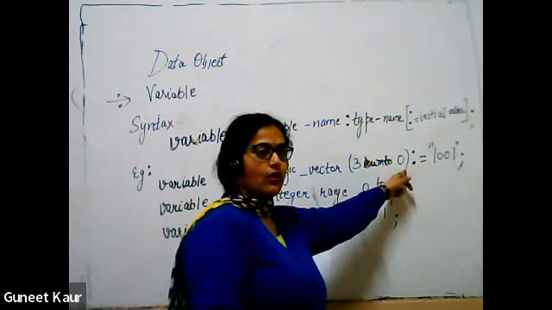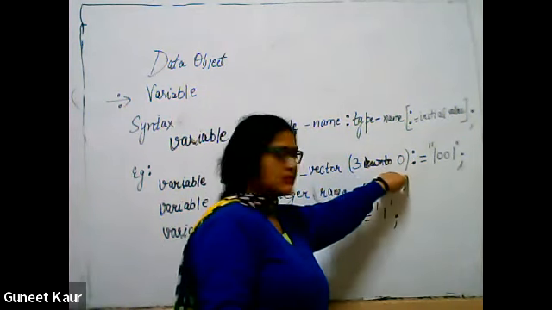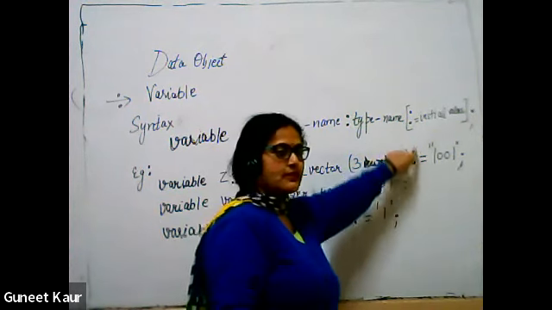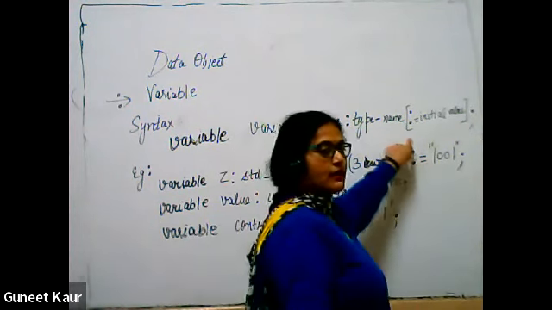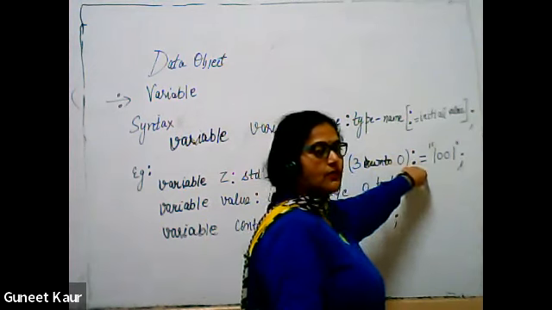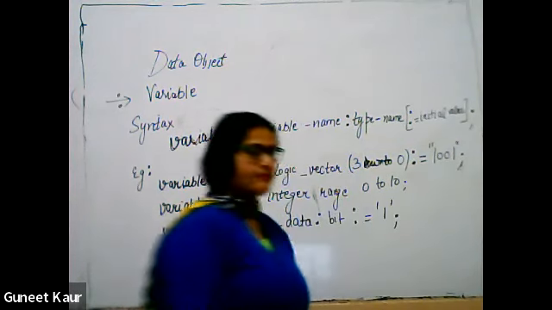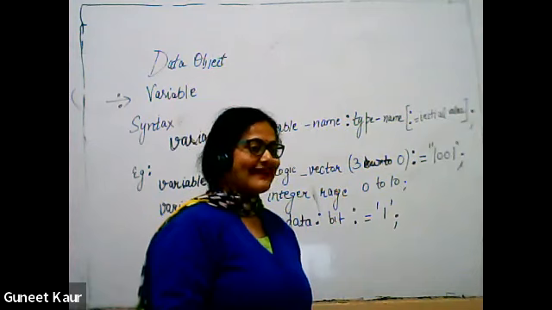Colon equals (3 downto 0) means 4-bit data is there.